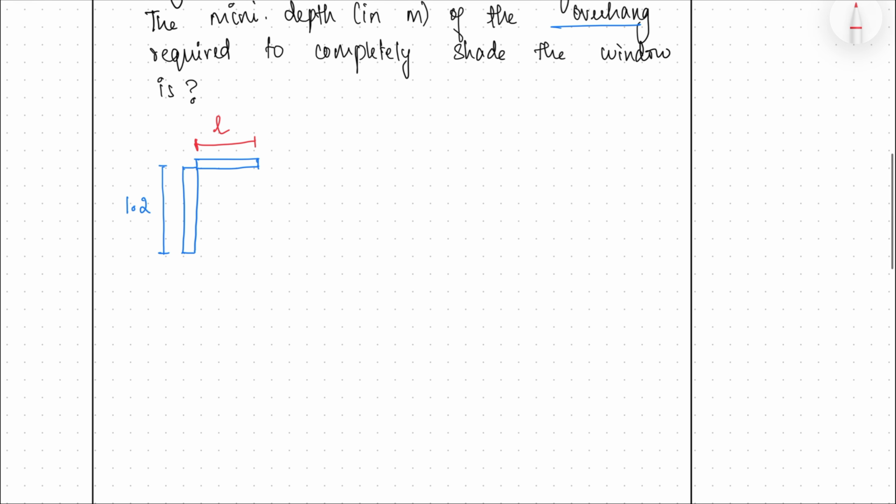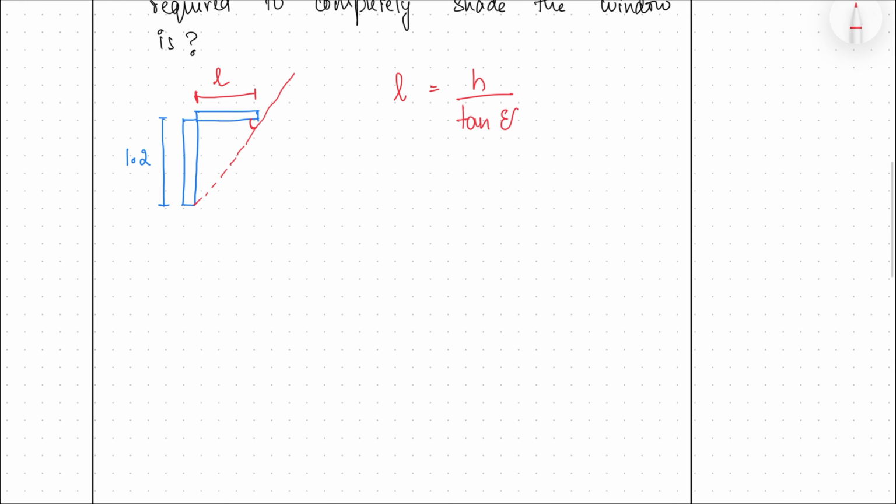Okay, now we know the formula for finding the horizontal shading device, which is L is equal to H by tan epsilon. This is your epsilon, and epsilon is your vertical shading angle, vertical shadow angle. And what is tan epsilon?